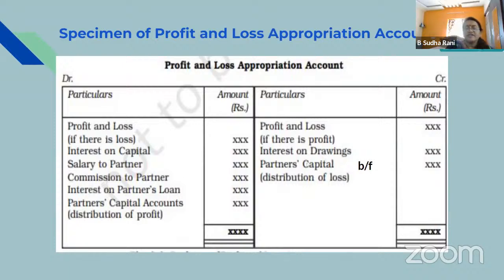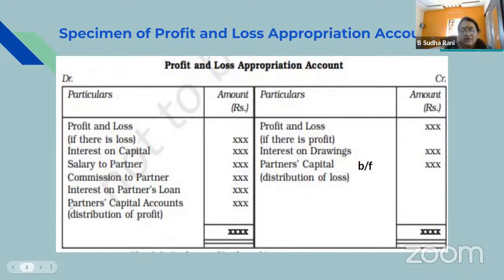The difference between these debit total and credit total, whatever you get, that is the appropriated profit, we call that difference amount. Say for example, the credit side total is some 22,000, the debit side total you got is 18,000, the difference is 3,000.